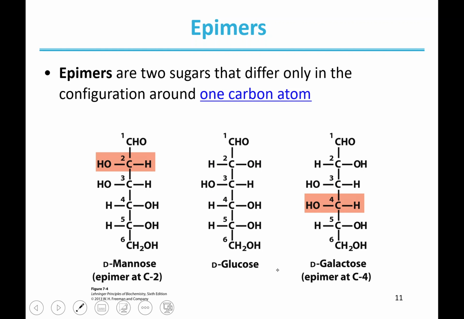Okay, a type of diastereomer that we talk about in terms of sugars is epimer. What an epimer means is that it's two sugars that differ only at one carbon, the configuration around one carbon atom. If we look at the example given, D-glucose is shown here, and we'll look at glucose quite a bit.